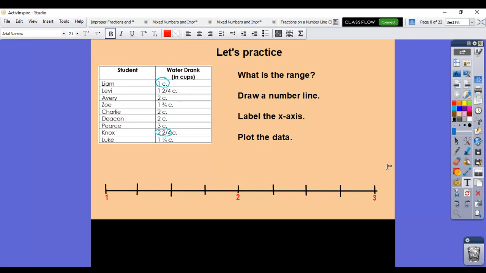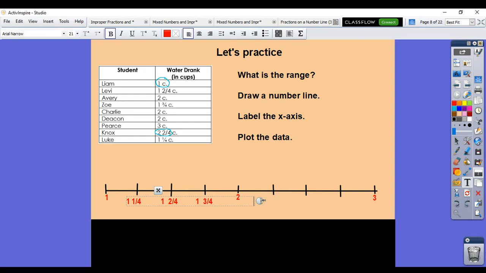Now, remember, I need to label all of the tick marks. Even if that measurement doesn't appear on here, I can't just skip over a number. When I'm counting, I can't ever say 1, 2, 5, 8, 9. You can't skip over numbers. So 1 1/4, 1 2/4, which some of you know is the same thing as 1 1/2. 1 3/4, 2, which will be the same thing as 1 4/4.